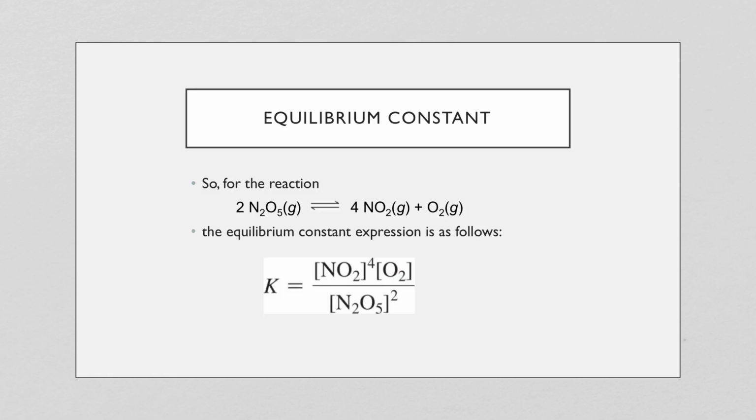We can express the equilibrium constant by taking the concentration of NO2 raised to the 4th power, times the concentration of O2 raised to the 1st power, typically left blank, divided by the concentration of N2O5 raised to the 2nd power, or squared. Again, it's always products over reactants raised to those coefficients, and that's how we're going to express the equilibrium constant for any reaction.